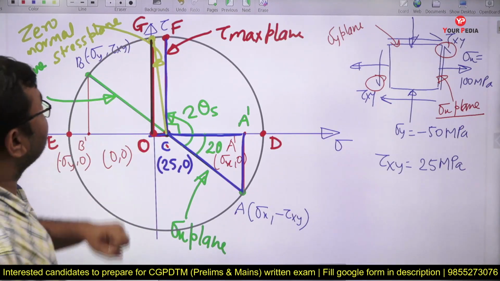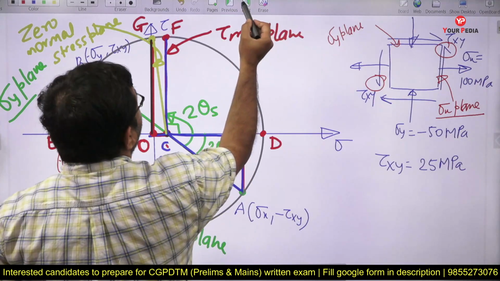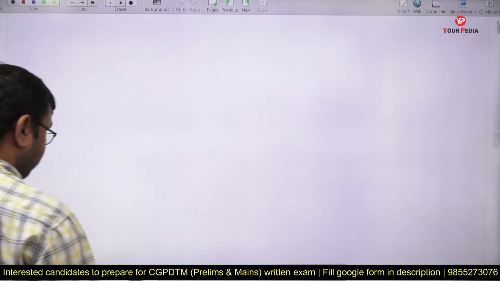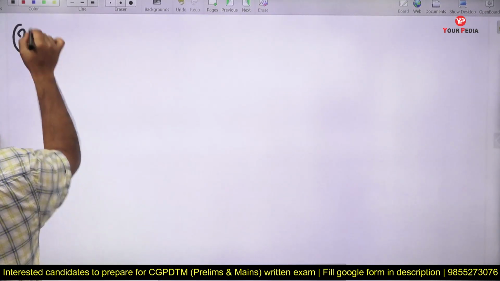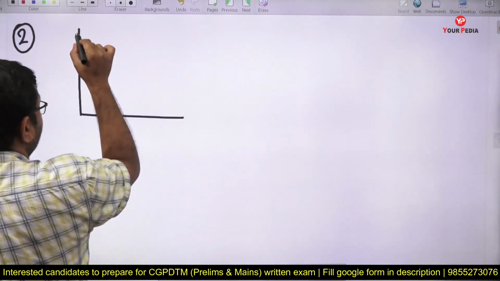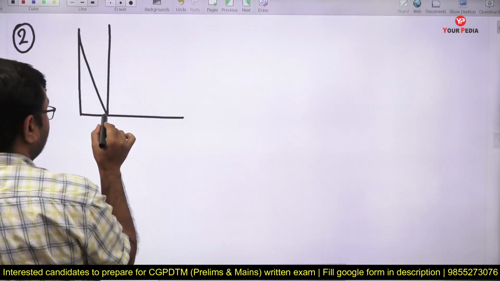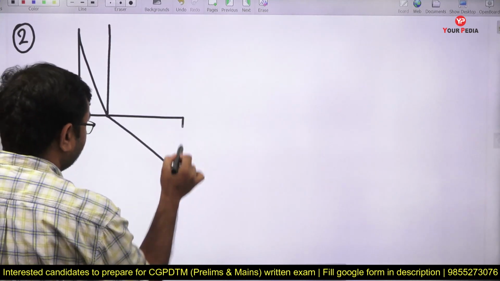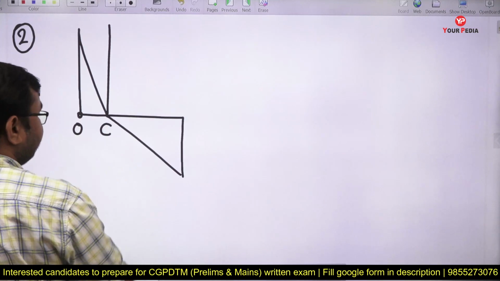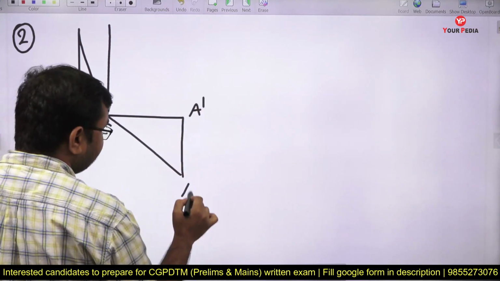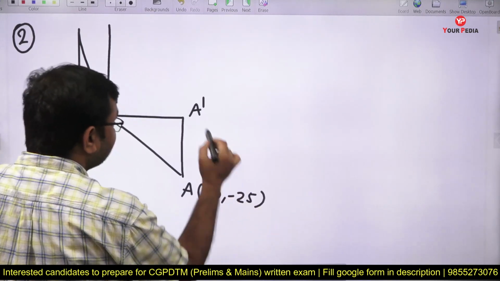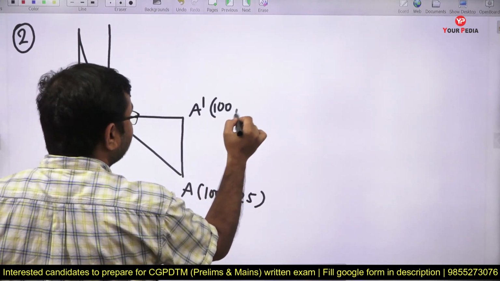So if I remove this triangle from the figure, then you can say this is part 2. So simply can I represent it like this? Yes or no? You can say this is origin, this is center, this is A prime, and this is A. Its coordinate is 100 comma minus 25. Its coordinate is 100 comma 0.